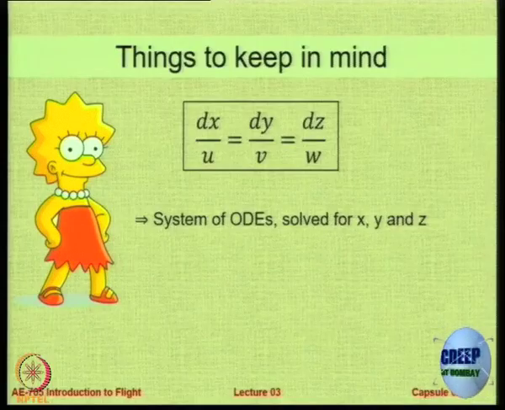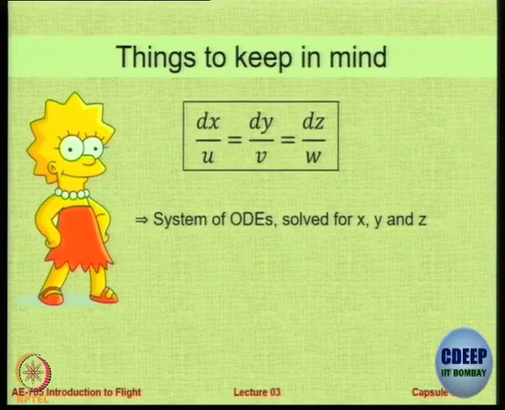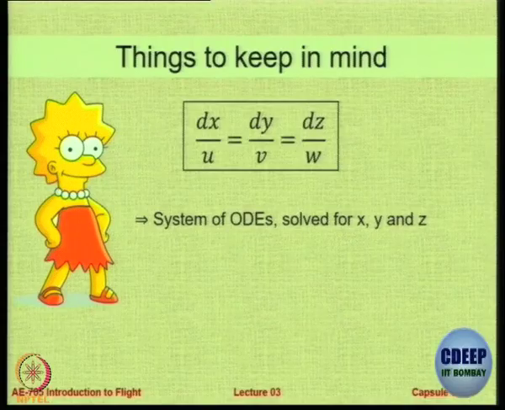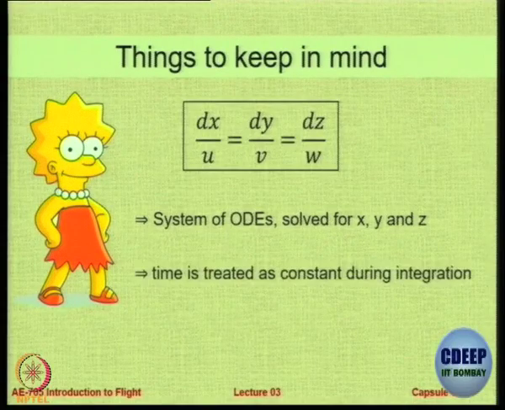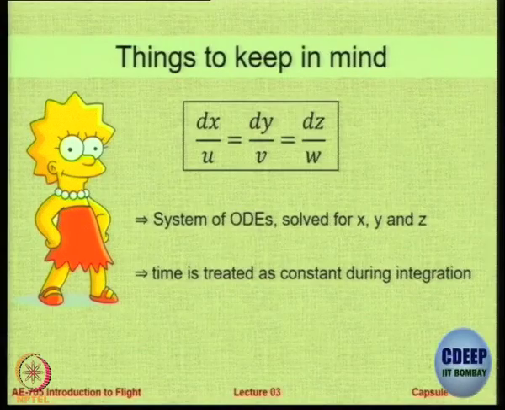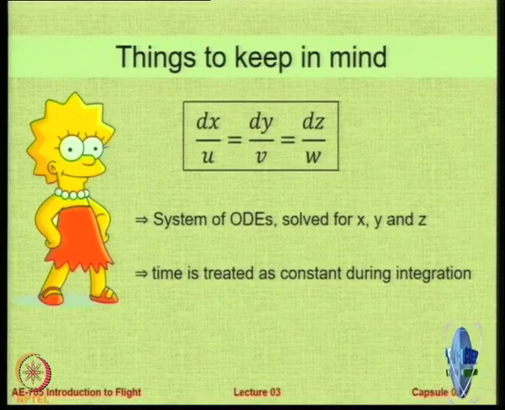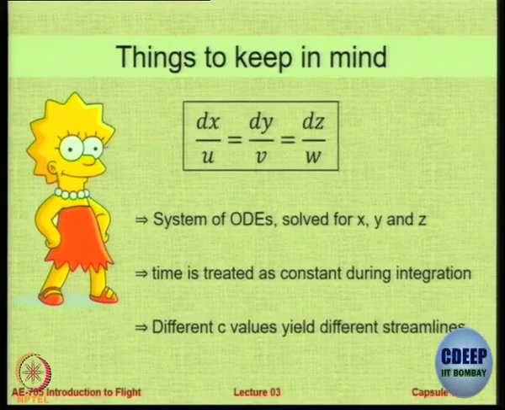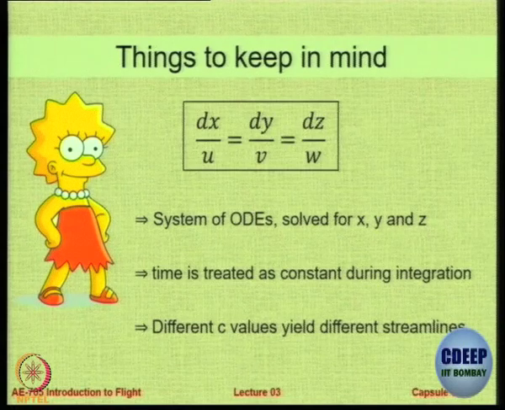There are many ways of doing it. You could do it numerically, you could do it analytically. In the tutorial we will take up some examples and there we will solve it by substitution or some other methods. During this particular integration, you can treat time as constant and the different values of the constant will yield the different streamlines.